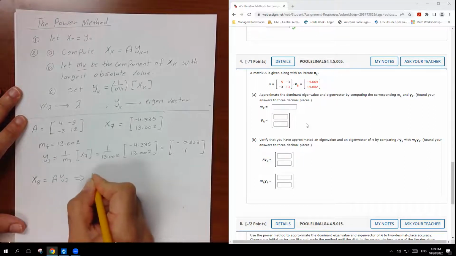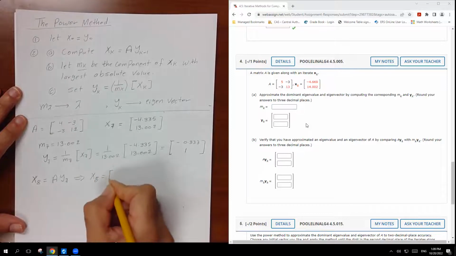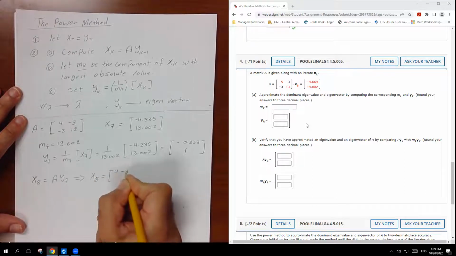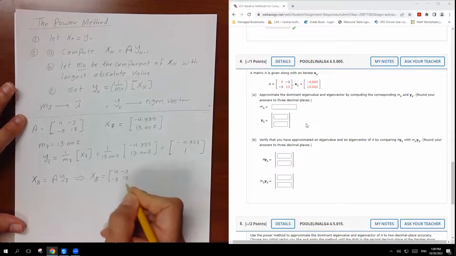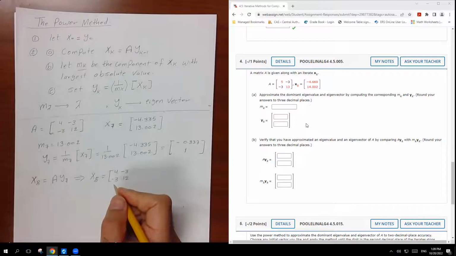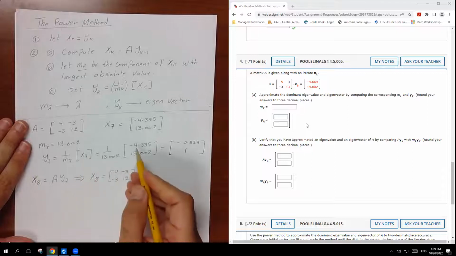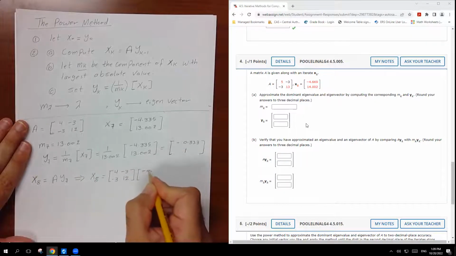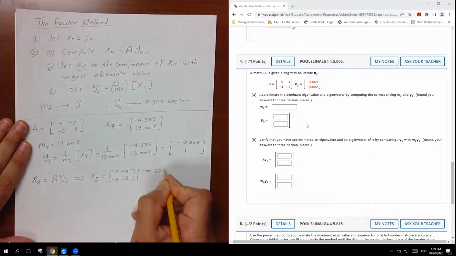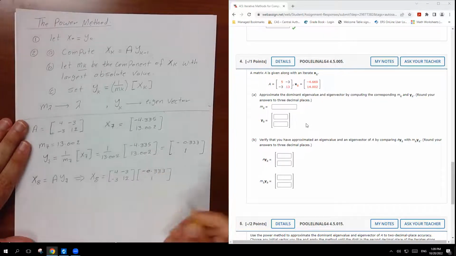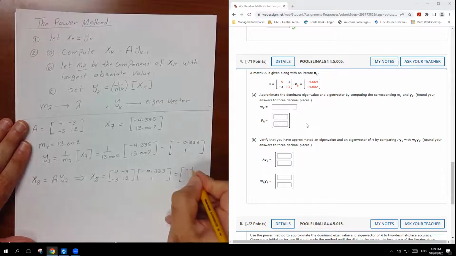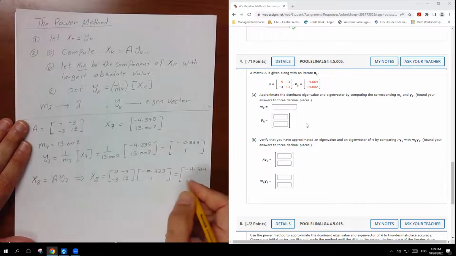So X8 is A, which is 4, negative 3, negative 3, 12, times Y7, which is negative 0.333 and 1. And the result is going to be negative 4.334, and here is 13.000.